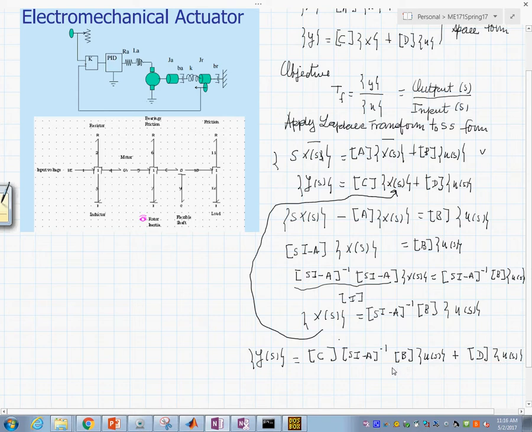So now you could actually say that the output Y of s is equal to this C times the inverse of (sI minus A) times B plus D, and then this multiplied by U of s.